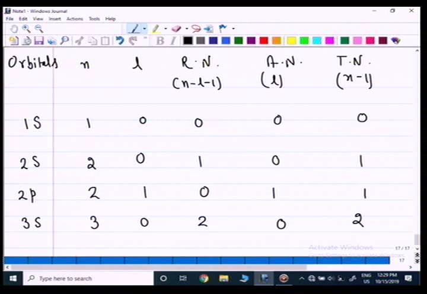Please do this one, 3p. Please write the radial node, angular node, and the total node. Okay, please do not reply on the screen. Just attempt this.